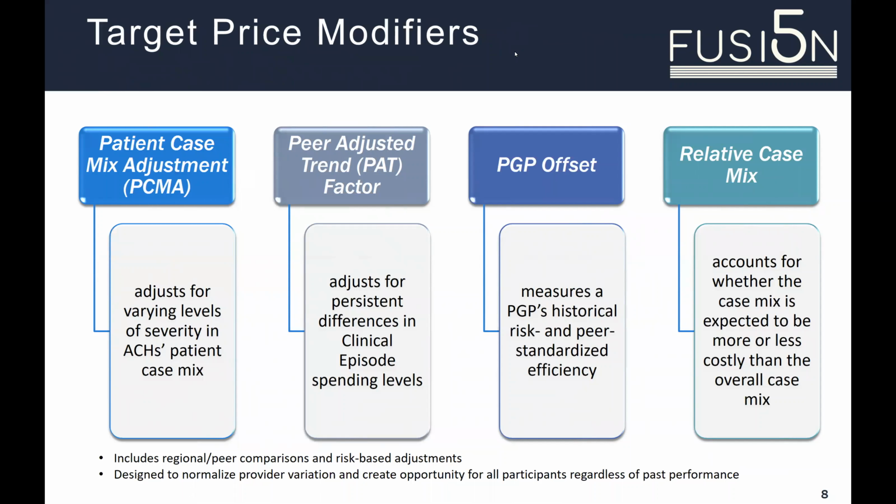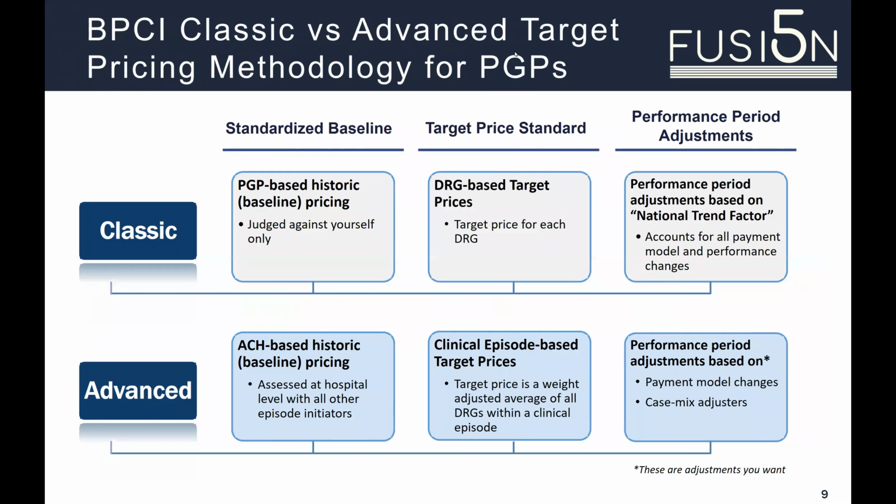The fact is CMS is going to weight your performance period adjustment based on the case mix of the hospital where you did your surgeries. And they will be looking at your relative case mix, your peer adjusted trend factors, the different physician group practices in your area. So there really is the motivation, the incentive here to just do well where you're at.